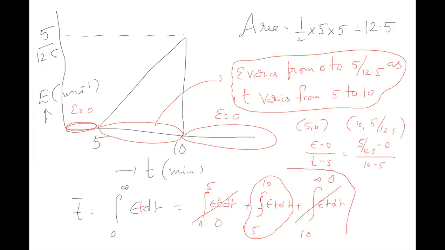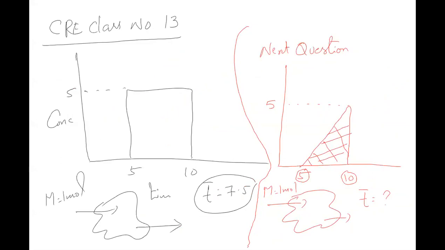So the straight line equation is E equal to, this 5 and this 5 will cancel, 1 by 12.5 into t minus 5. This is the equation. Take this one and substitute here. In 5 to 10, you have to substitute that straight line equation because it varies as per the straight line. In the previous case, it is not the case. It is constant. If you go to the previous problem, the concentration is constant, so the E value is also constant.